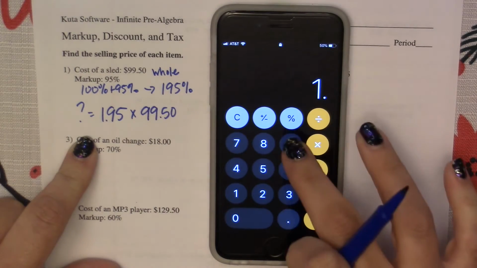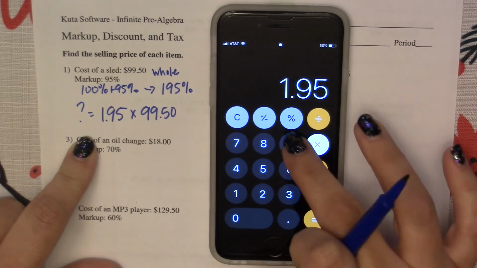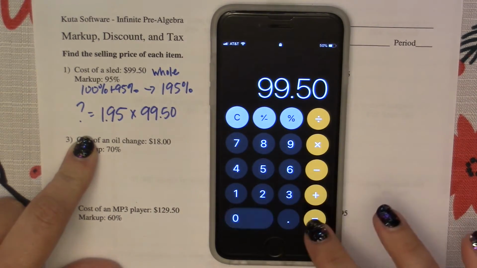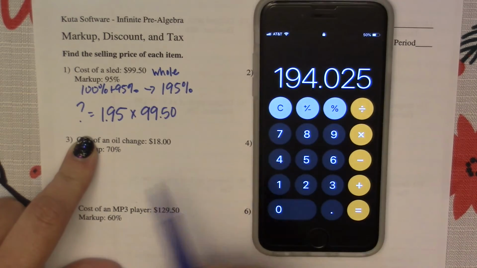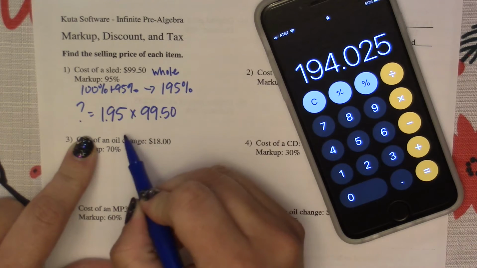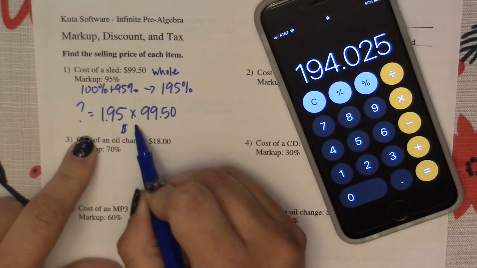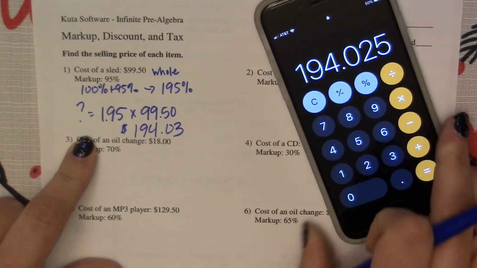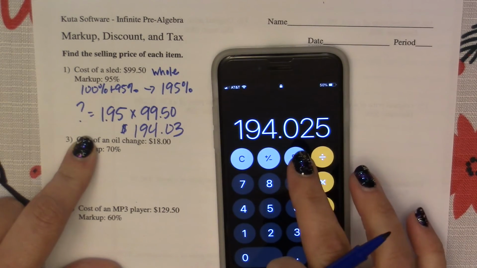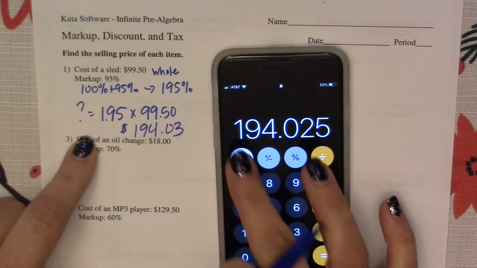So 1.95 times 99.50 gives us a selling price of, let's see if we can squeeze it in here, $194.03. So we're going to round this so that it looks like dollars and cents.